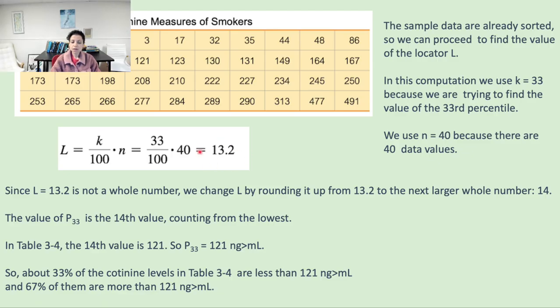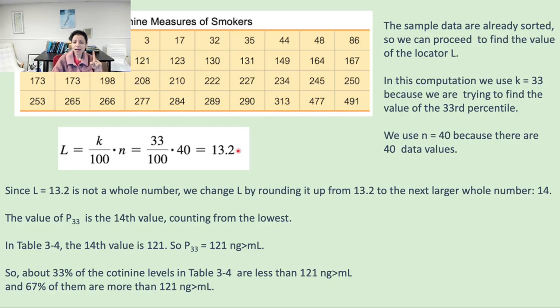If L had turned out to be a whole number like 13, then what we would do is find the 13th position, which is 112, add it to the 14th position, okay, and divide by 2. I think I said that wrong.